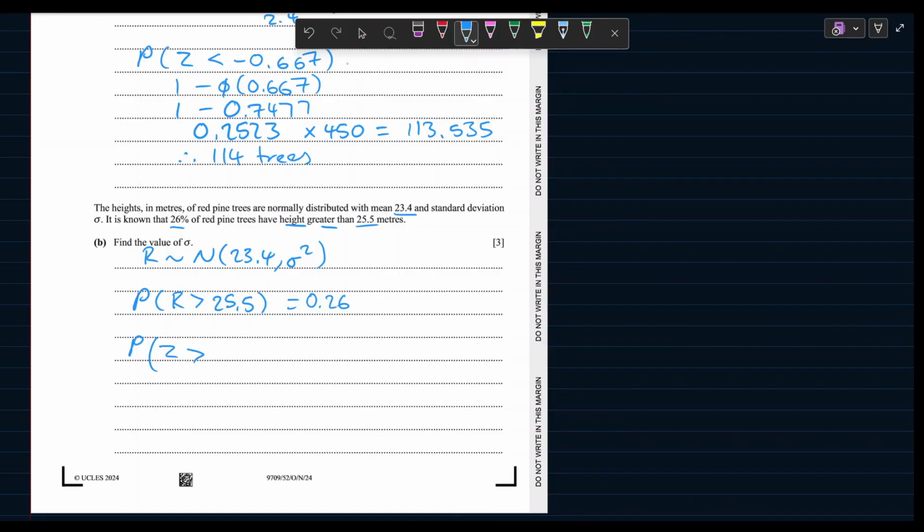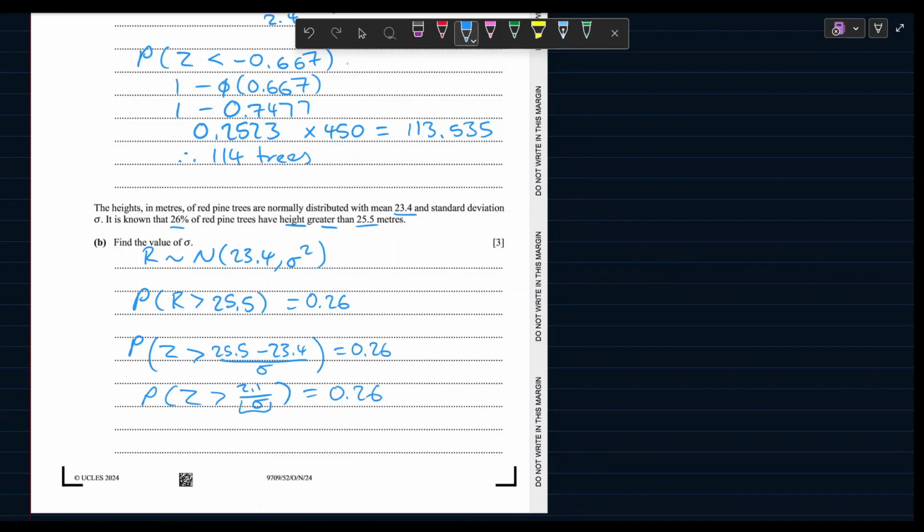This would be Z is greater than 25.5 minus our mu, which is 23.4, over our standard deviation sigma. This is equal to 0.26. And so this is the probability that Z is greater than 25.5 minus 23.4, that would be 2.1, so 2.1 over sigma, and this is equal to 0.26.